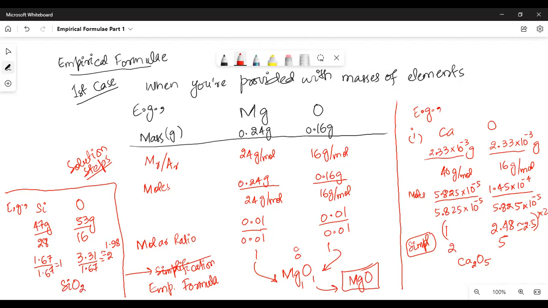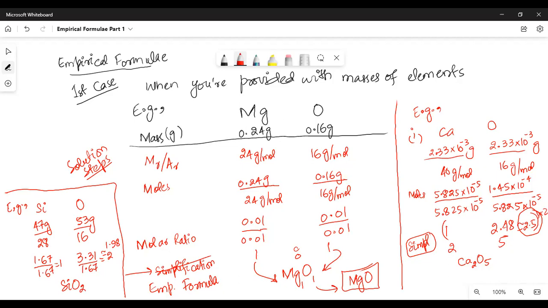The simplification is only done when you get a number like 0.5, 0.33, 0.4, 0.6, something like that. For 1.98, which is so close to 2, you're going to round it off as 2. Rounding off can be done for any number greater than 1.9 or less than 1.1, which means 1.04 is also 1. 1.99, 1.98, 1.97 are rounded off to 2.